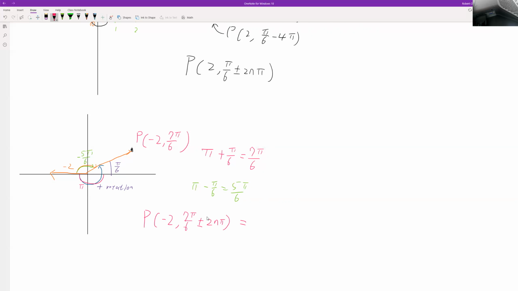Or you can do negative 2 and negative 5 pi over 6 plus or minus 2m pi, which will get you to the same place, right? Just depending on whether you prefer the clockwise rotation, which is in green, or the counterclockwise rotation, which is in dark blue. Okay, but overall they are the same thing.